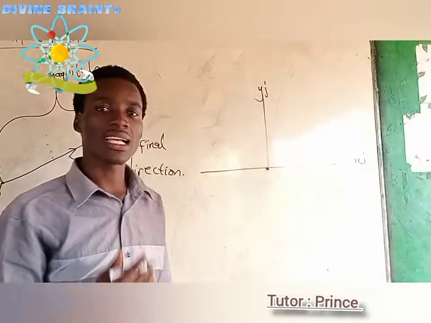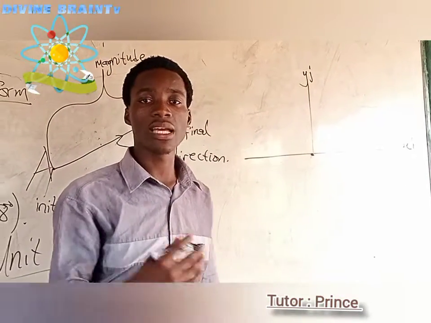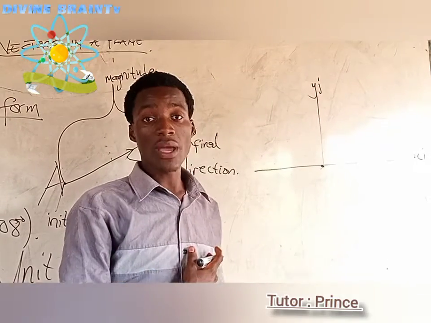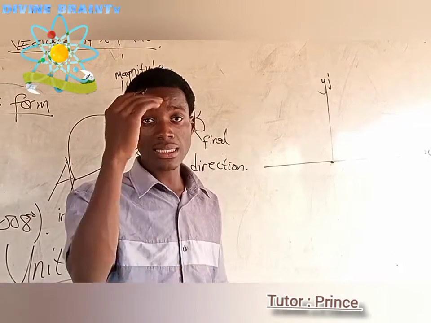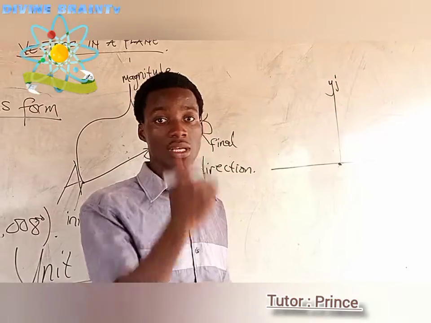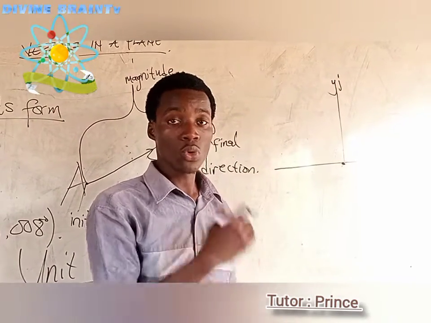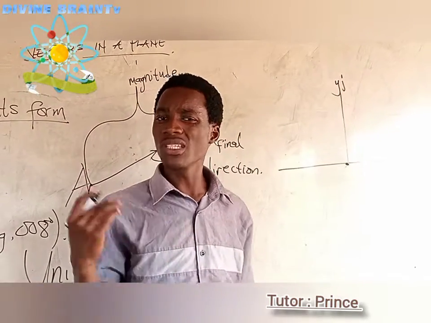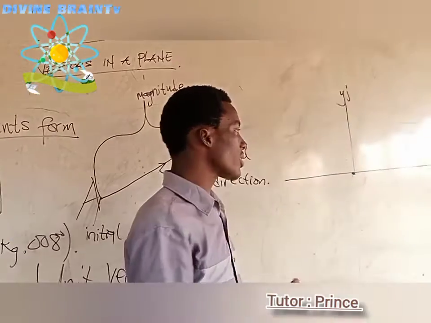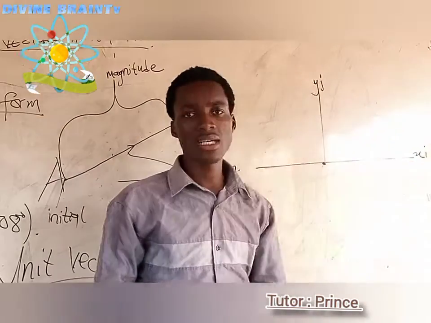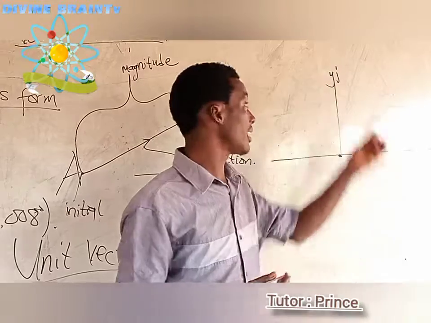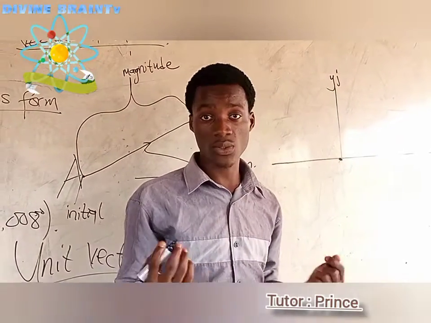When we are representing a vector in the Cartesian plane, its components are compared to the coordinates x and y. So when we represent a vector using unit vectors, we denote x by i, and y by the small letter j.